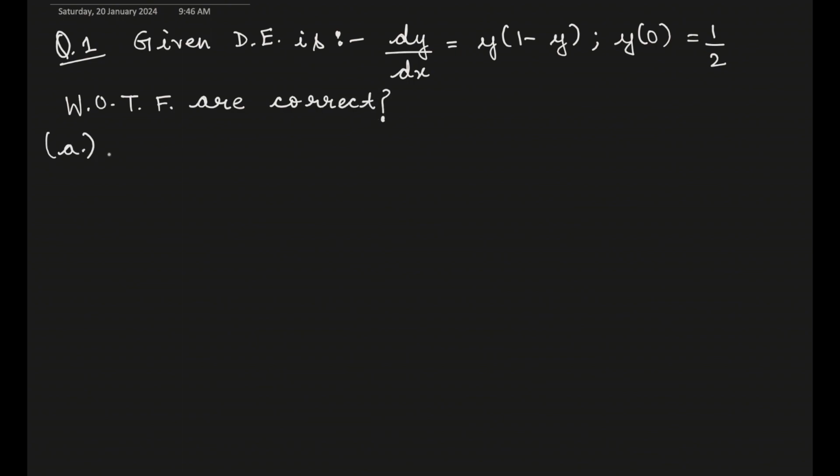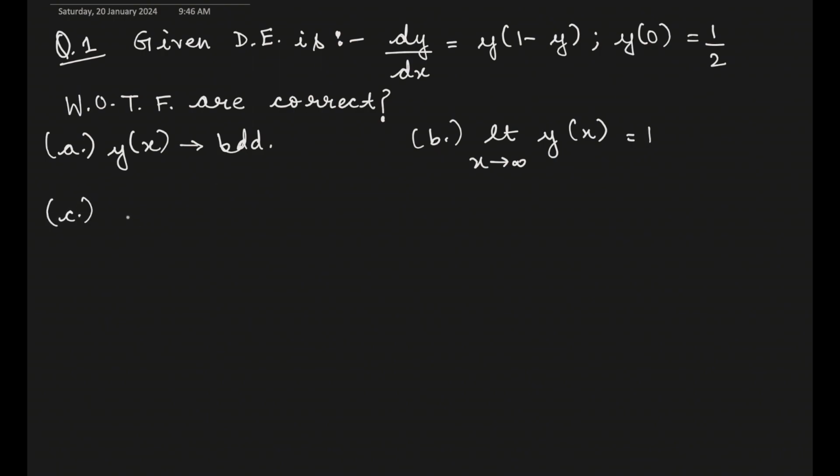Option A, y(x) is bounded. Option B, limit x tends to infinity, y(x) is equal to 1. Option C, limit x tends to infinity, y(x) equal to 0, y(x) is increasing.